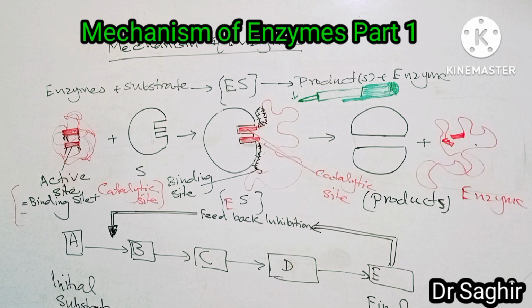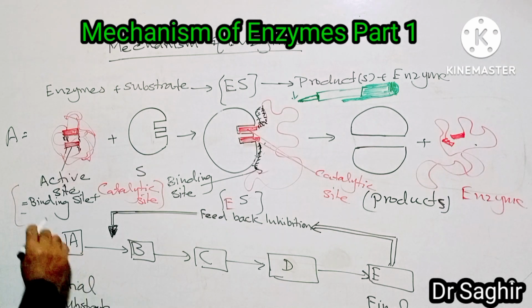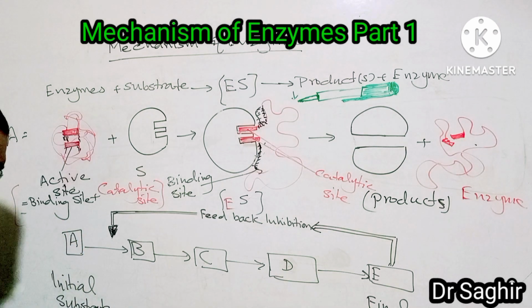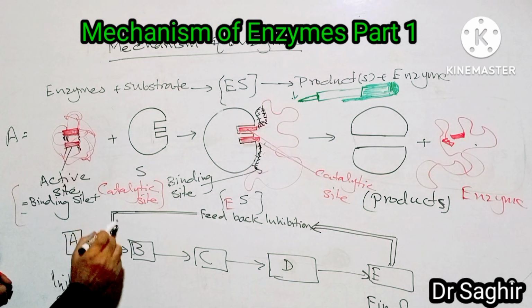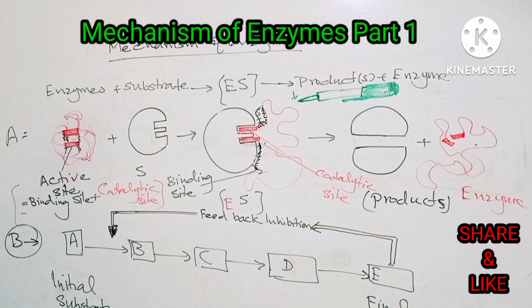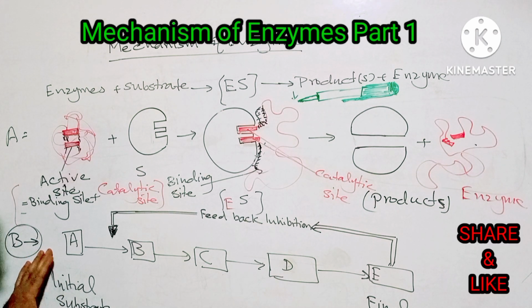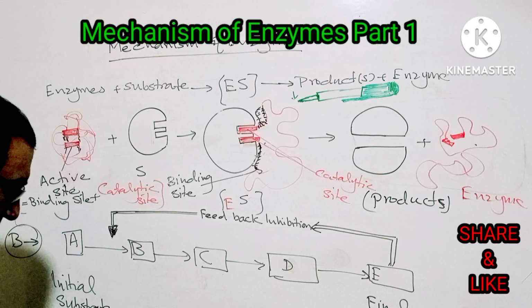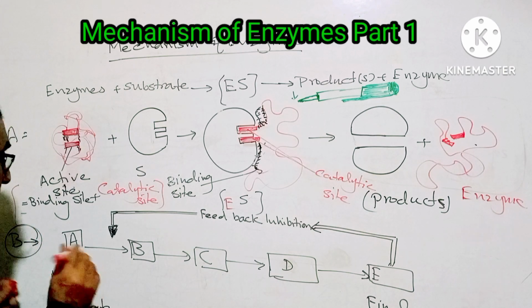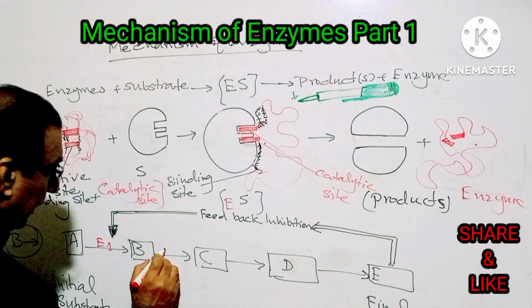There is another story of enzyme action. Suppose this is A; here is story B. There is an initial substrate that is acted upon by an enzyme, say enzyme 1.